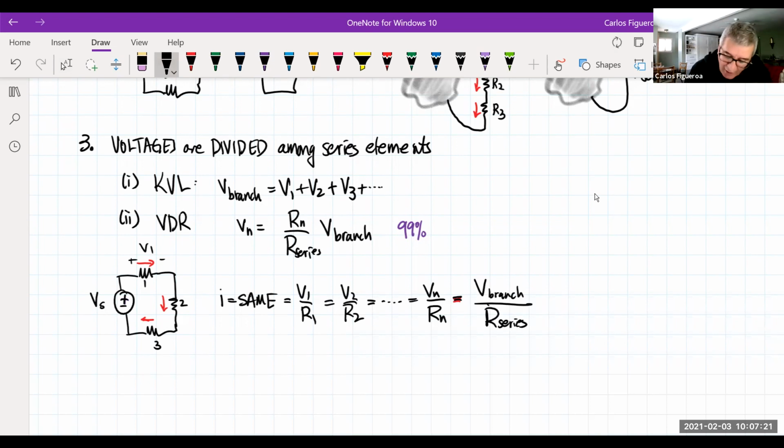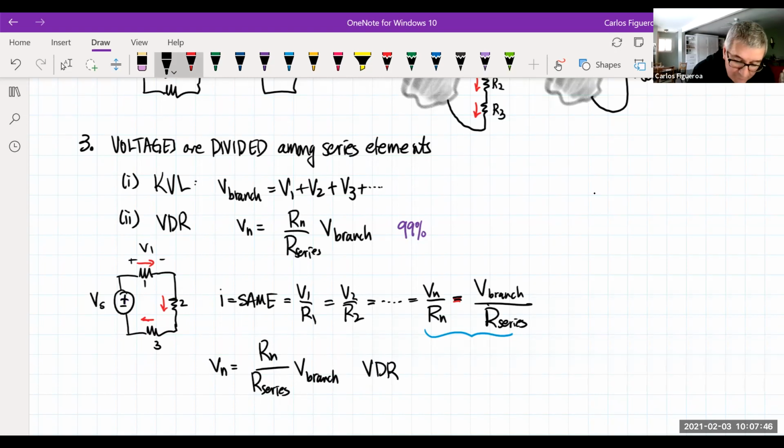So if I rewrite this and focus on these, it tells me that the voltage of the nth resistor is going to be the nth resistor divided by the series resistance, times the branch voltage. And this is the voltage divider rule.